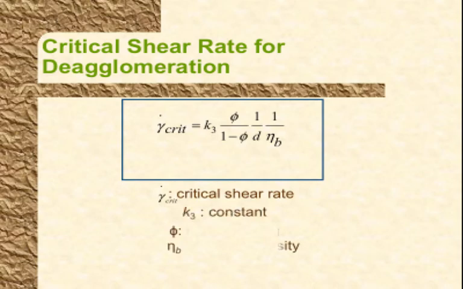You need to apply a certain minimal shear rate, and smaller particle sizes will require a higher minimal shear rate, and more concentration will require a higher shear rate. So there's now a starting point of a design equation that allows you to answer the question, what machine setting should I have?